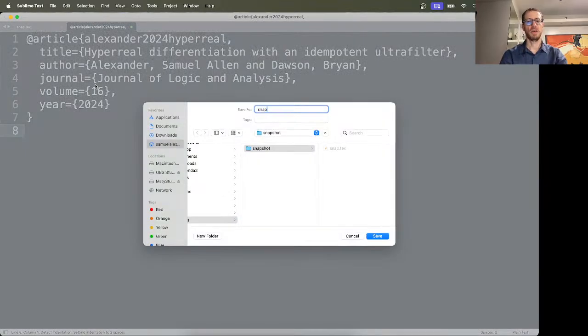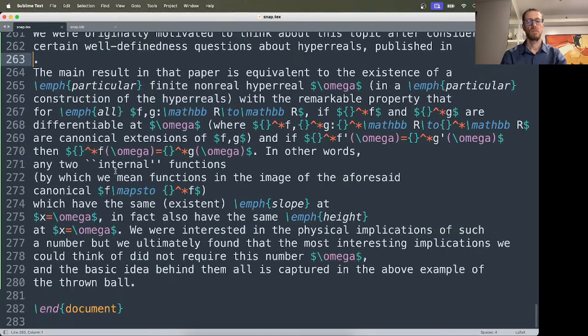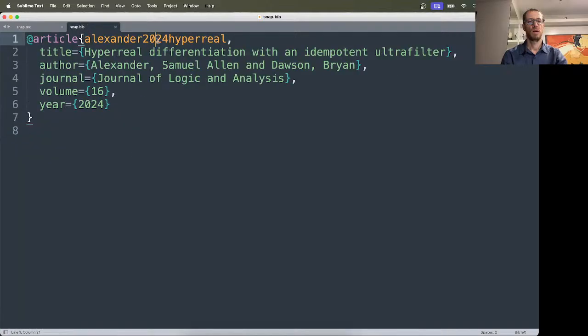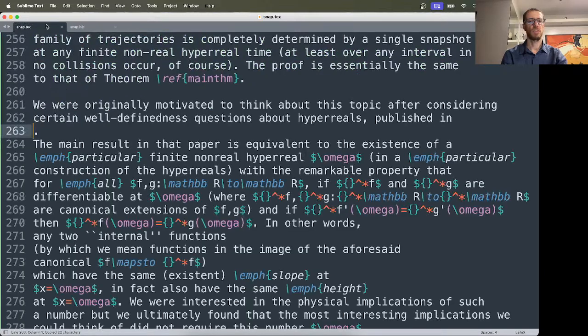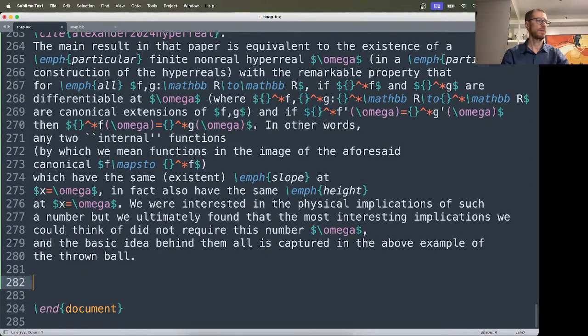Save this as snap.bib. Alexander 2024 hyperreal. Add in the LaTeX code to typeset the bibliography. I don't remember the exact format, so I'm going to copy it from another paper on my other monitor here.